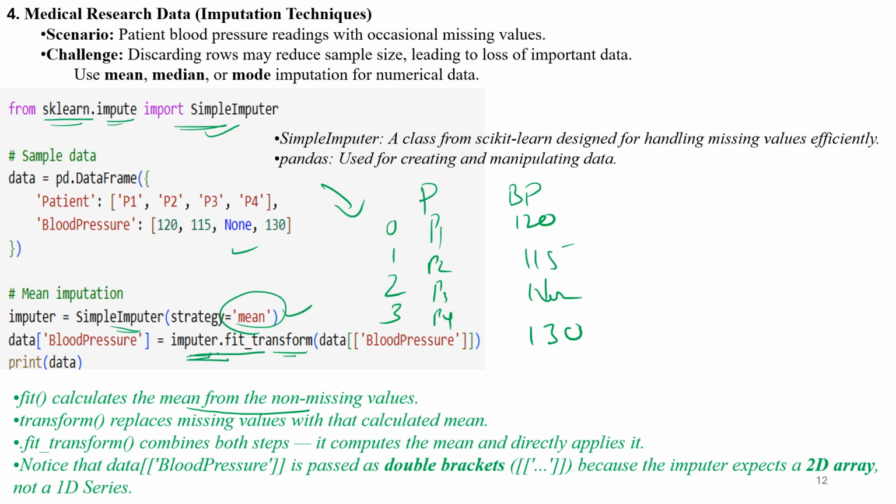Then transform will replace the missing NaN values with the mean value. You are going to apply this on the data frame named data, on the blood pressure column, so the transformed data, where the NaN value is replaced with the mean, goes into that column. So this is how it works.